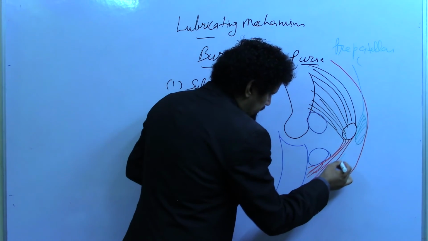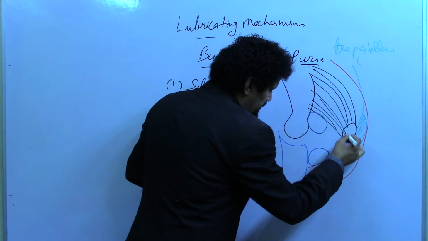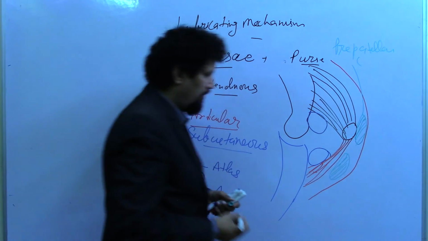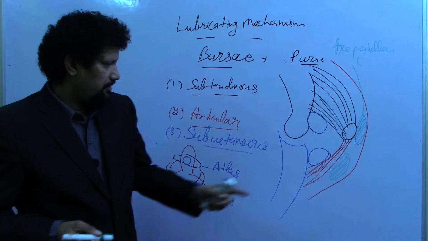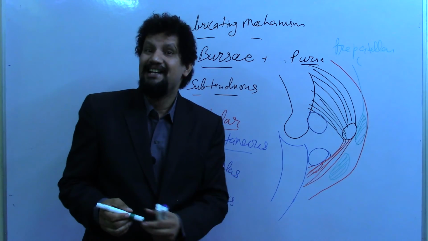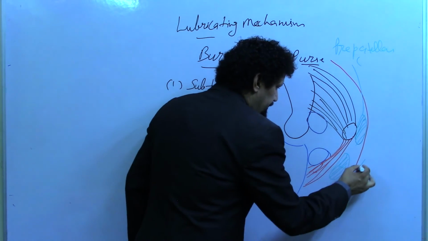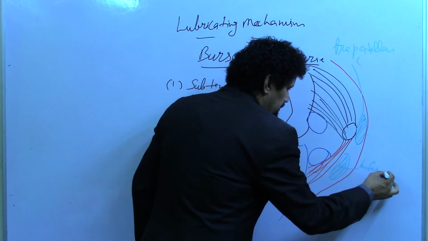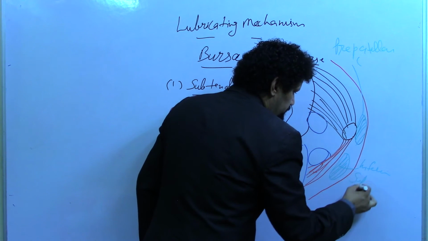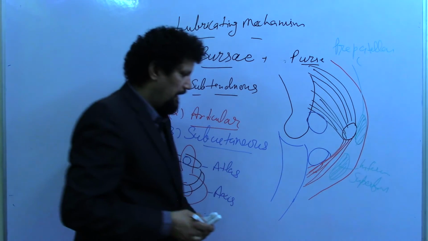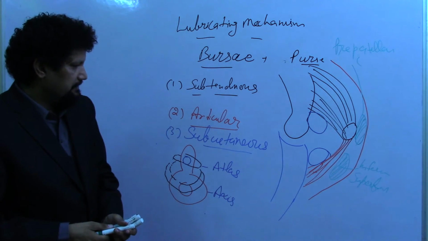When this bursa is seen below the patella, it is known as inferior superficial bursa or the clergyman's bursa.